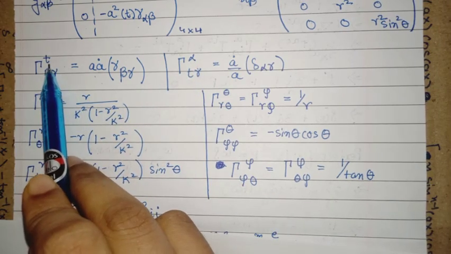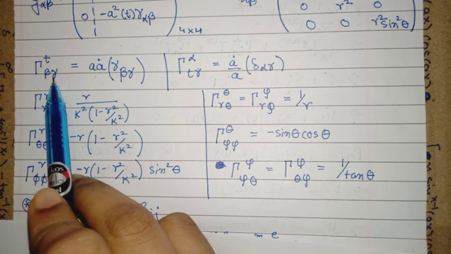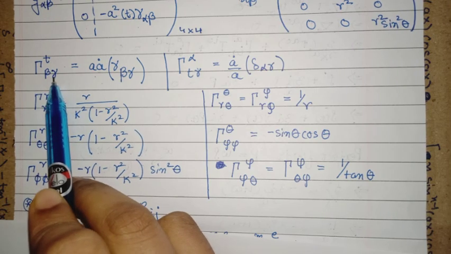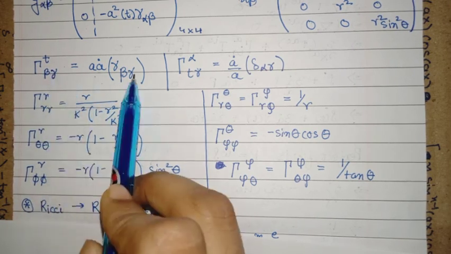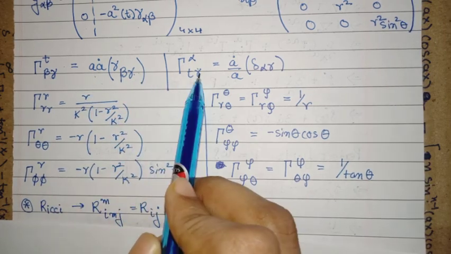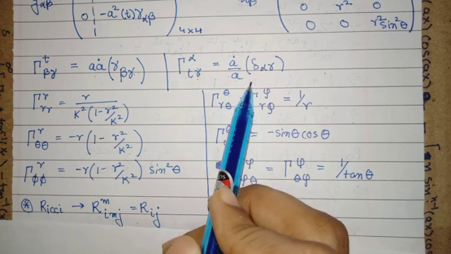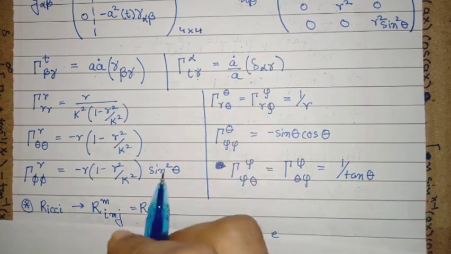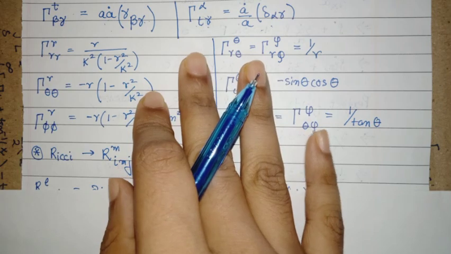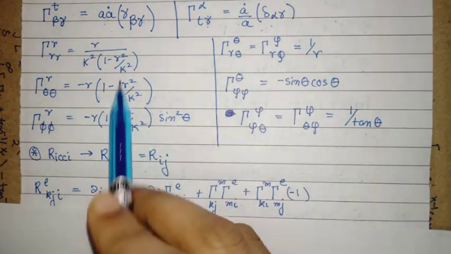These you can see, this is the time component fixed, and these run over the spatial components beta and gamma. And this is the first one. Here, the time component is fixed, they are again spatial. This is of this form, and you can further see all the other ones.